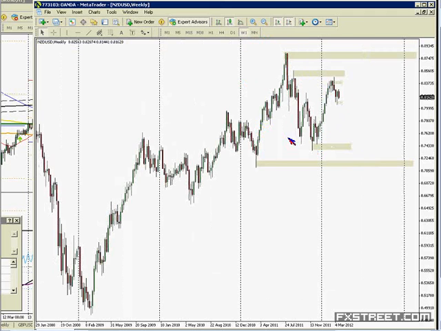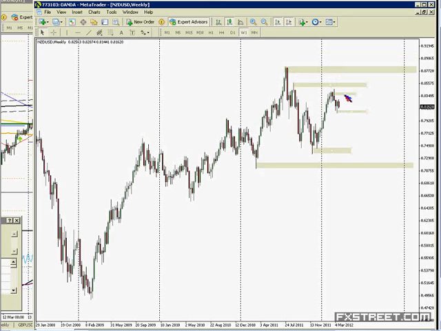Let's see how it looks, and we see here the ranges that I've just drawn. Going back to higher time frames is useful, because we then can see how close these different levels are to each other. If I find a level that is quite close to another, I may think of deleting this level and considering the one from the higher time frame.